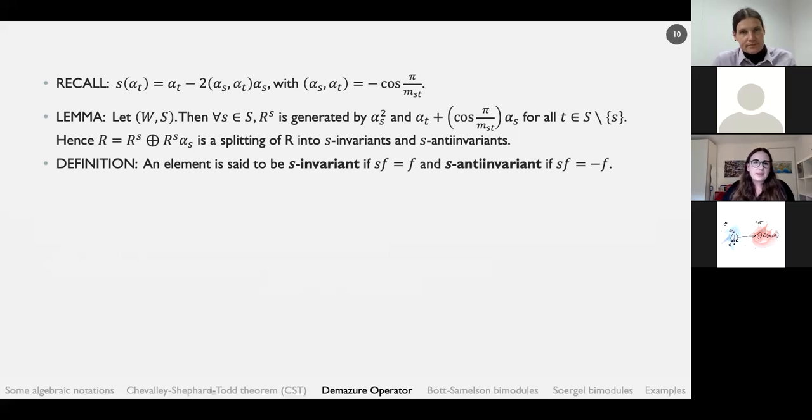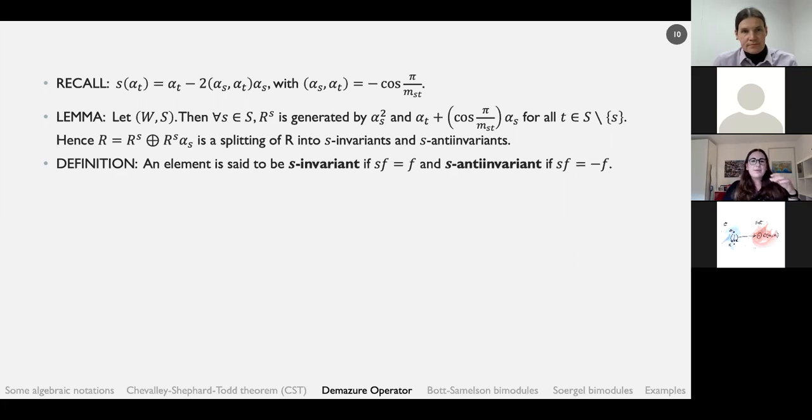Let (W,S) be an arbitrary Coxeter system. Then for every s in S, R^s is generated by alpha_s squared and the elements alpha_t plus cosine of pi divided by m_st times alpha_s. And this is true for all t that are in S, but not s.